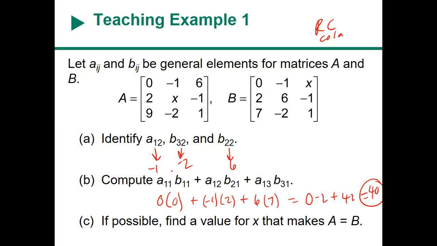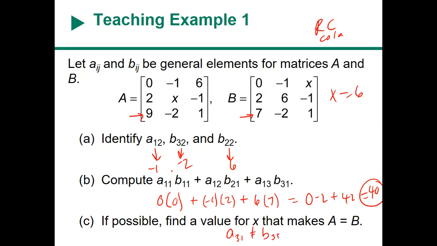All right, if possible, find a value for x that makes A equal to B. I could find a value for x, but would A equal B? Why not? What's the problem? Even if I said x equaled 6, that would fix that element, but would it fix the fact that every element has to equal each other? A31 does not equal B31.